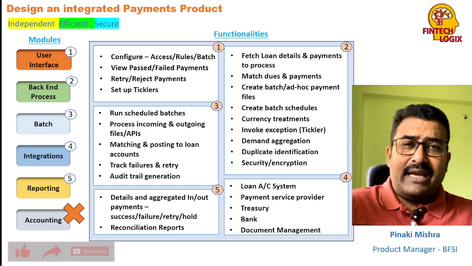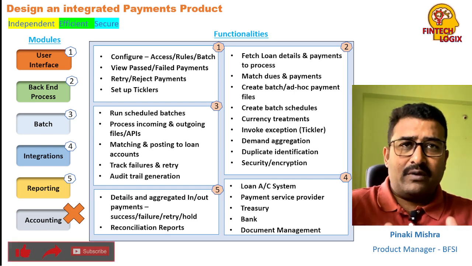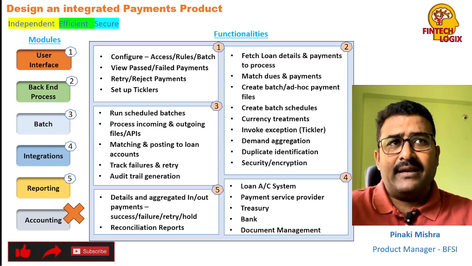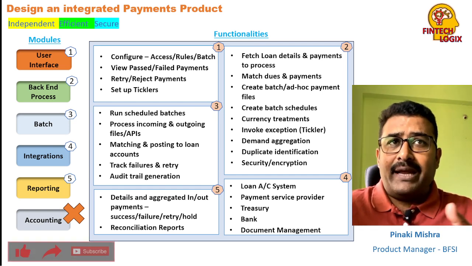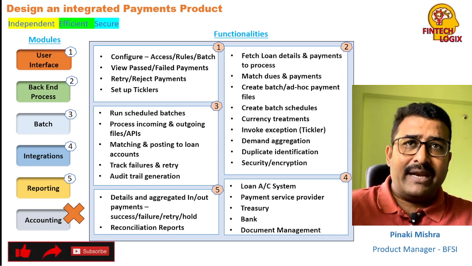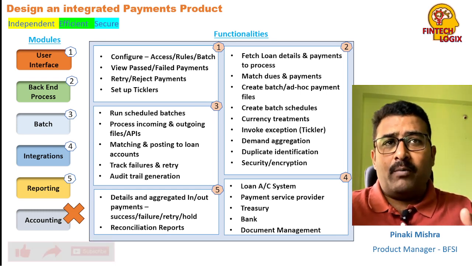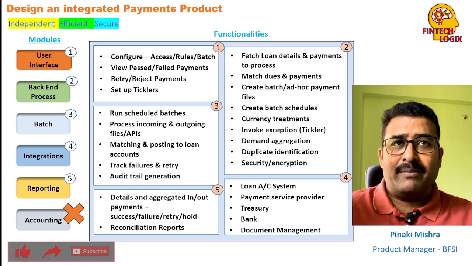Now the third thing in your payment system is batch. Most of the batches are required for making your incoming and outgoing payments, in the form of receiving recurring payments, or making a disbursement or refunds to customers.